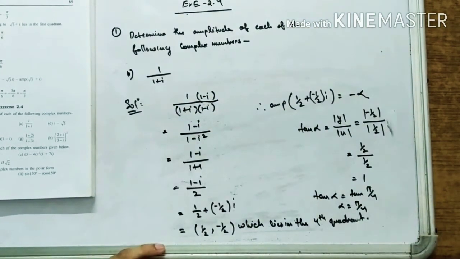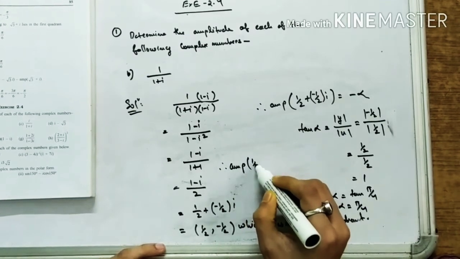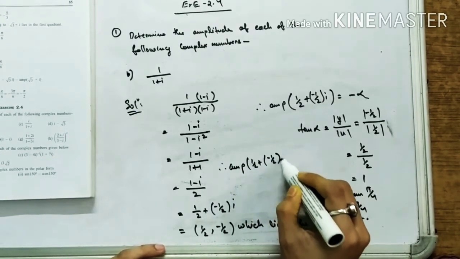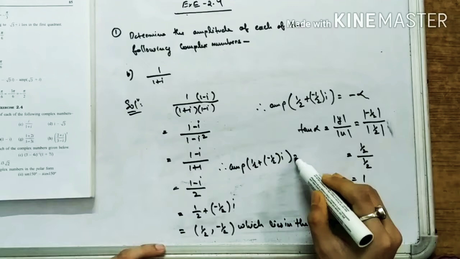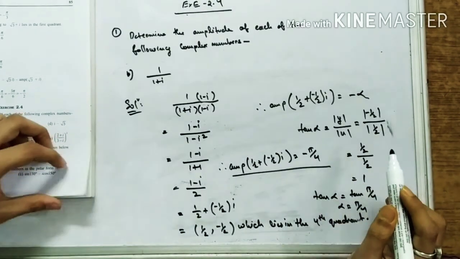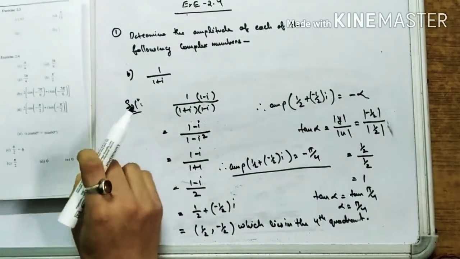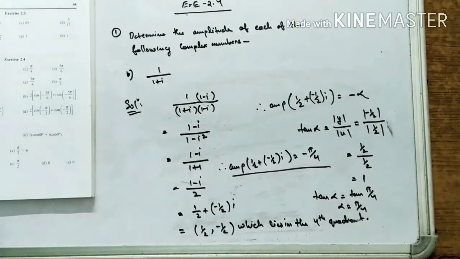The alpha value I got is pi by 4. So you can write the amplitude of 1 by 2 plus minus 1 by 2 i is equal to minus pi by 4. This is the answer, minus pi by 4. If you check the back answer here, it is minus pi by 4.